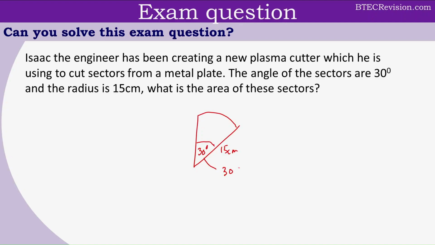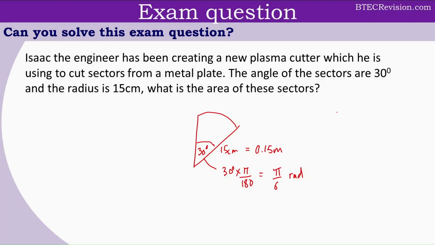So 30 degrees times pi over 180 is equal to pi over 6 radians. And the radius is equal to, if you divide 15 centimeters by 100, we will get 0.15 meters.